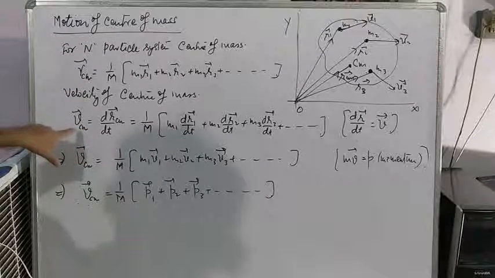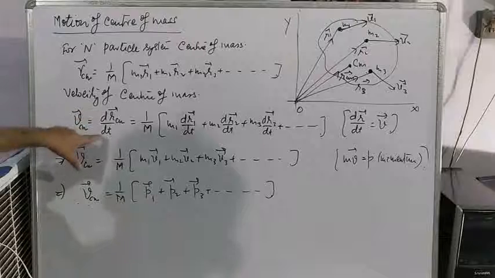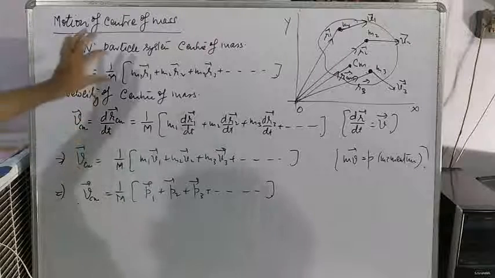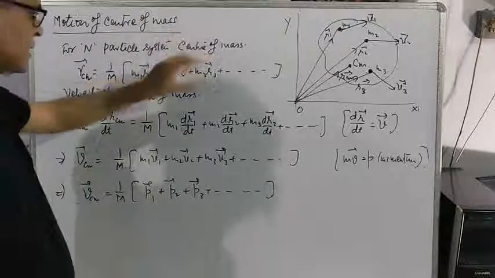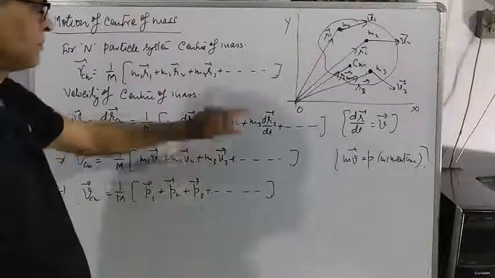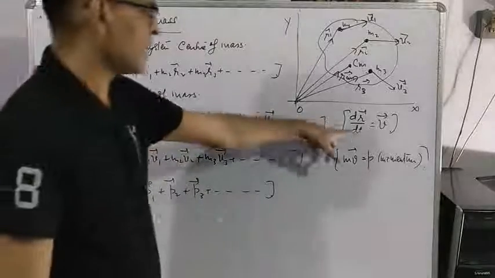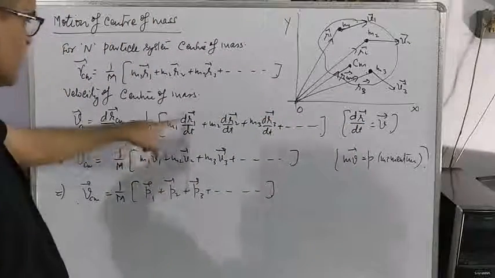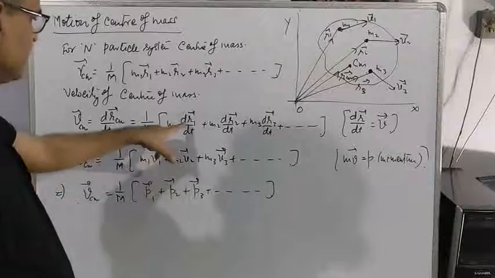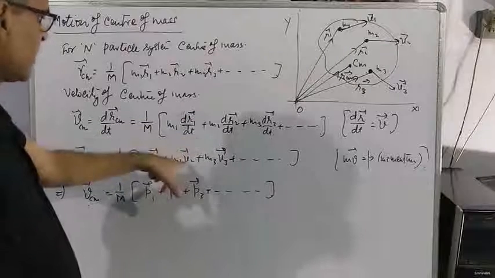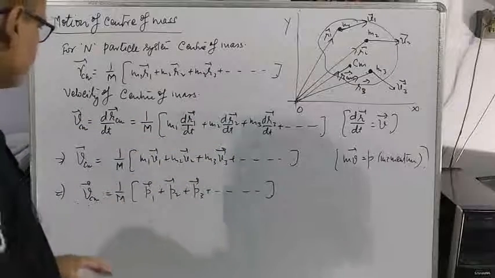So the velocity of center of mass is drcm by dt. All the terms are differentiated with respect to time, and dr by dt is called velocity. So this is the velocity of first particle, this is the velocity of second particle, third particle and so on.